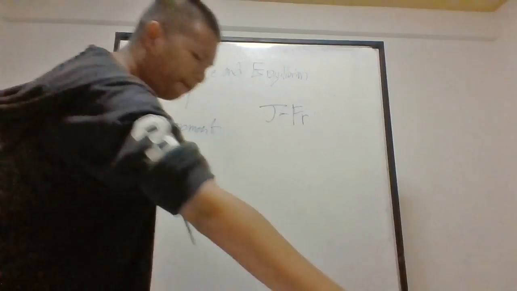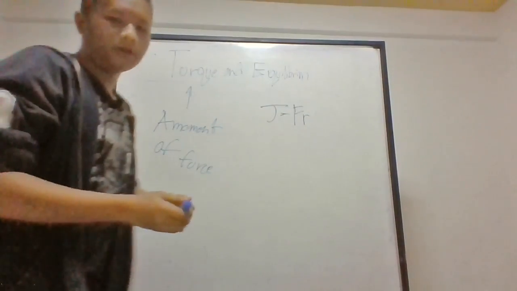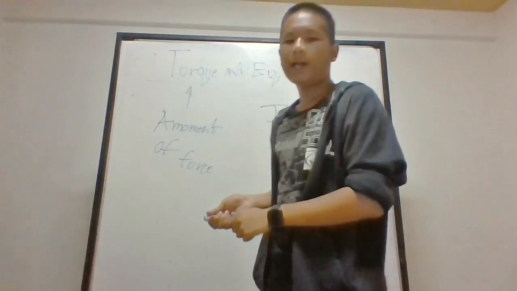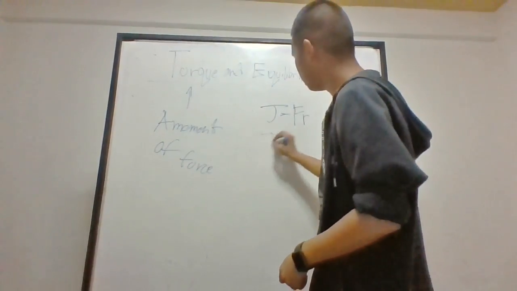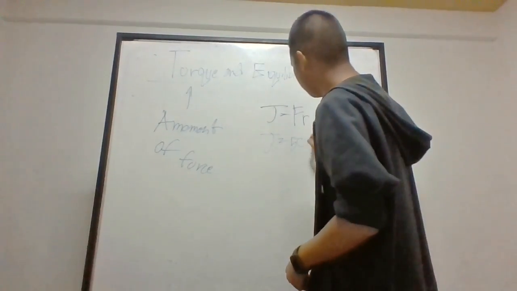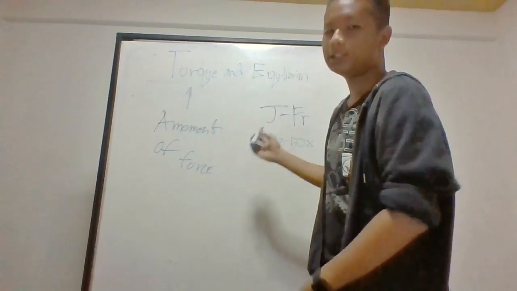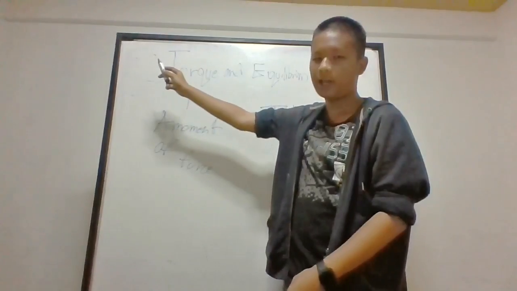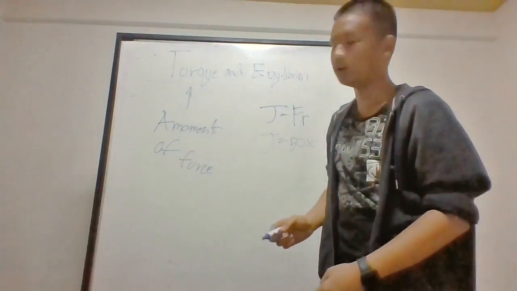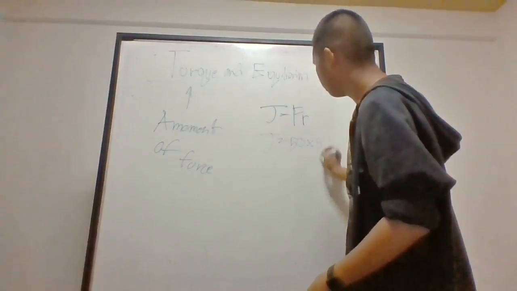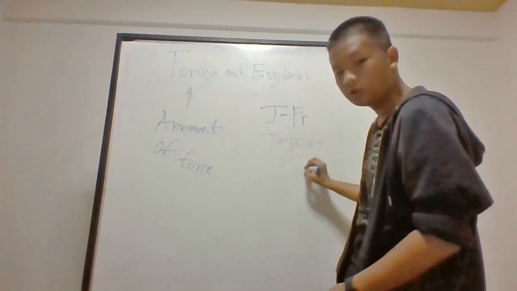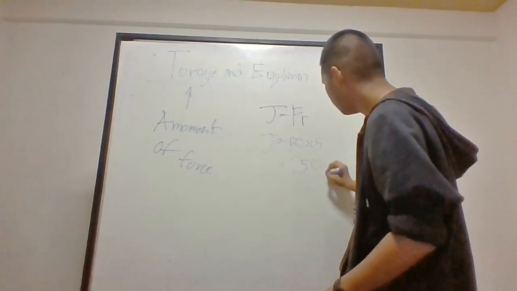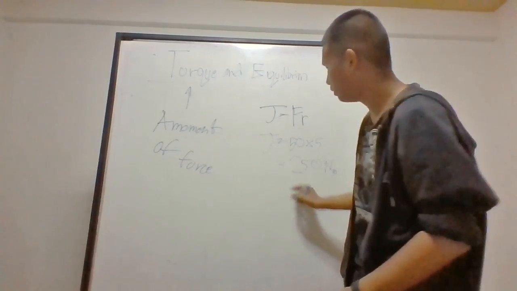In this example, let's imagine that I apply 50 force to the door, and let's imagine that this door is 5 meters long. So 50 times 5, we get 250 Newton meters.